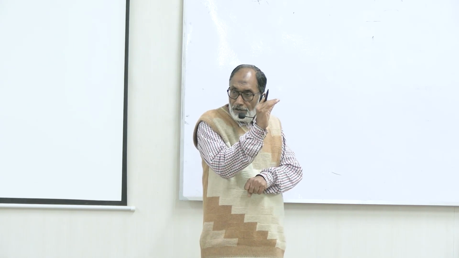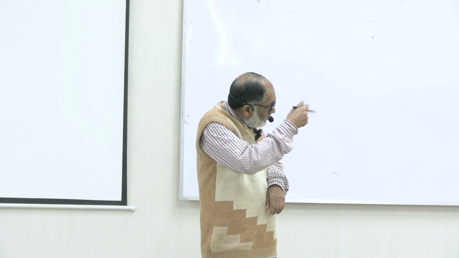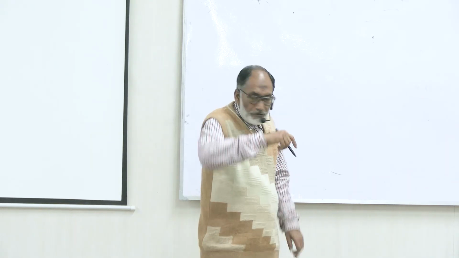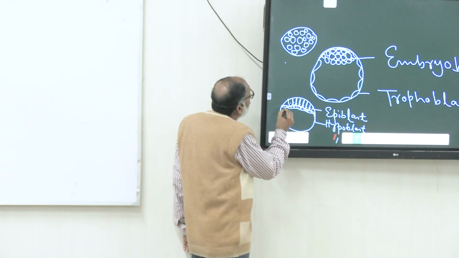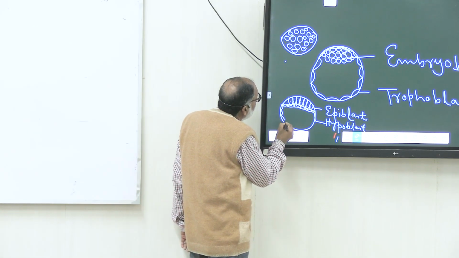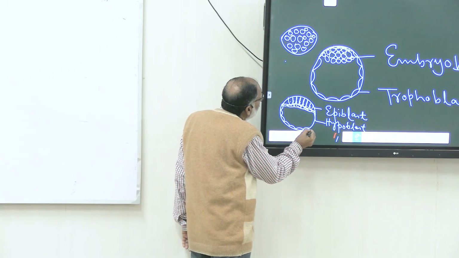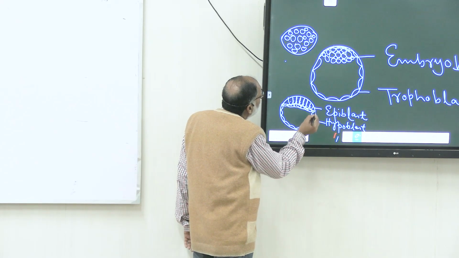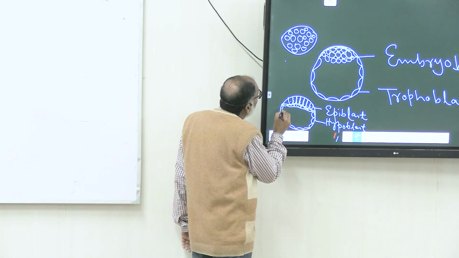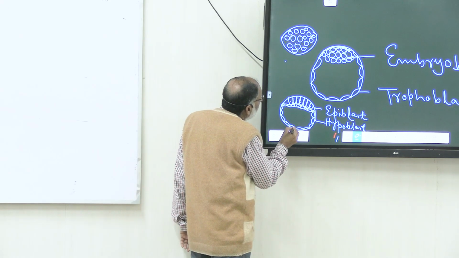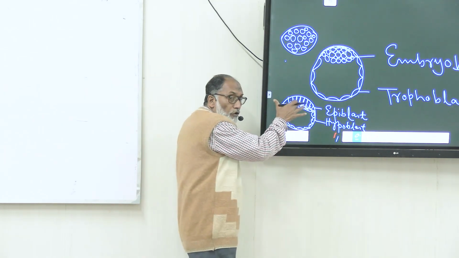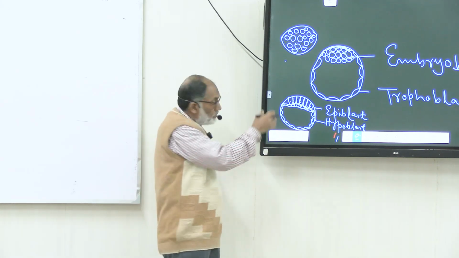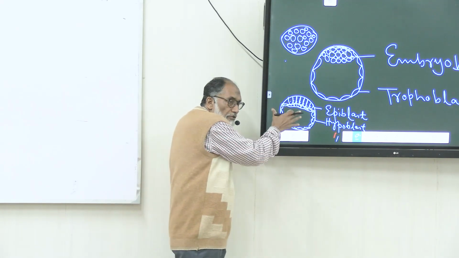Now, some cells from the hypoblast will spread around this cavity. These cells are coming from the hypoblast and they are lining this cavity.